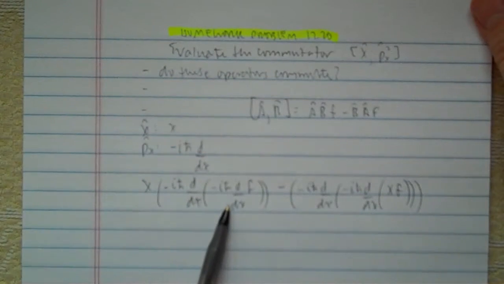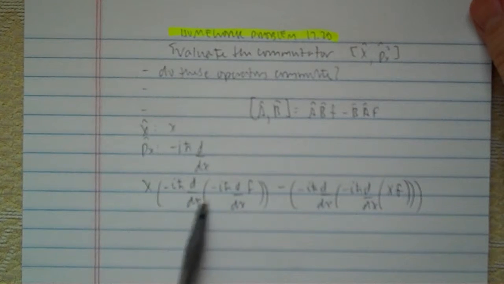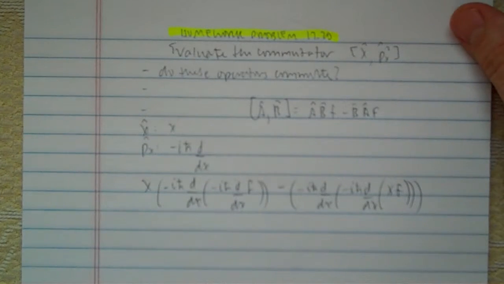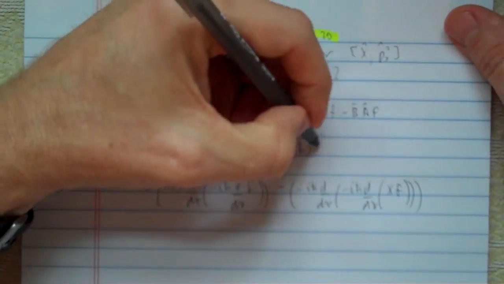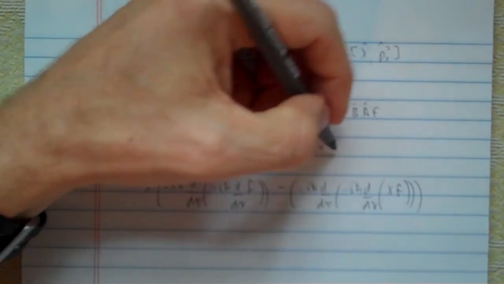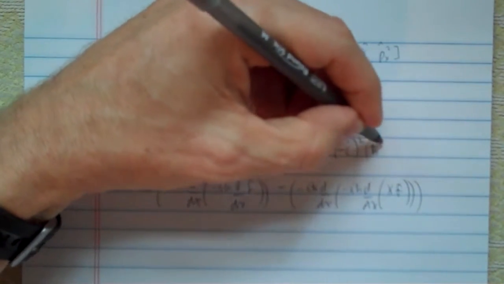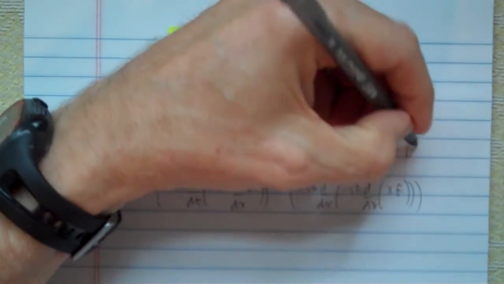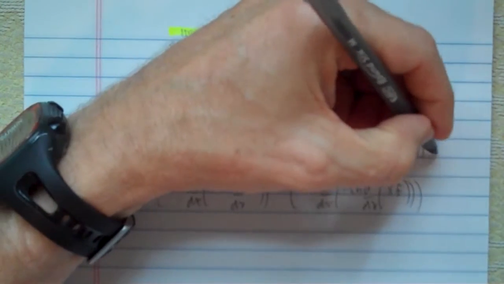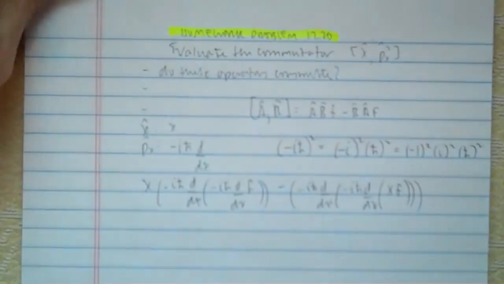Now, first of all, these two here, these are just constants with respect to x. Okay, so I can pull those out front. And let me make a note about this. Minus i h bar squared is the same thing as minus i squared h bar squared, which I guess is the same thing as minus 1 squared i squared h bar squared.